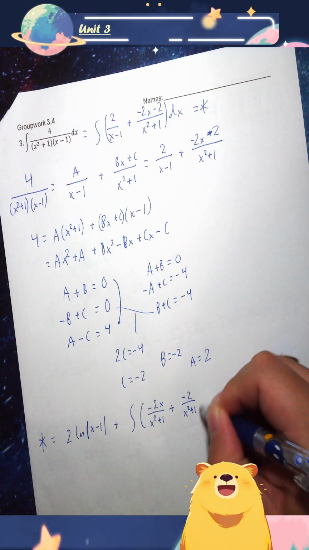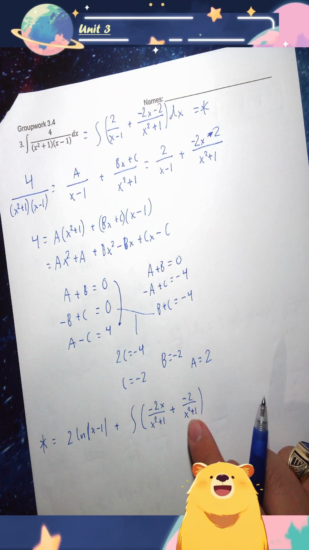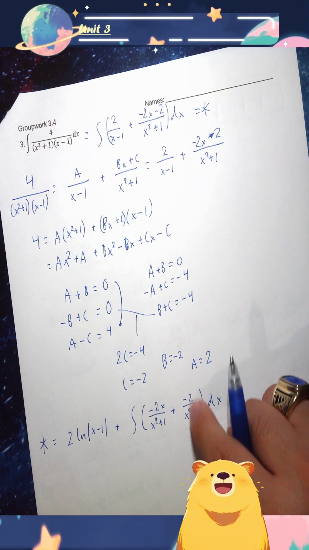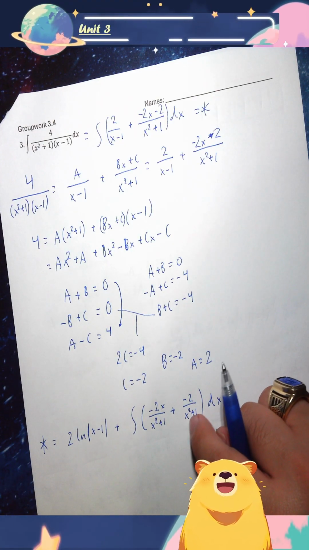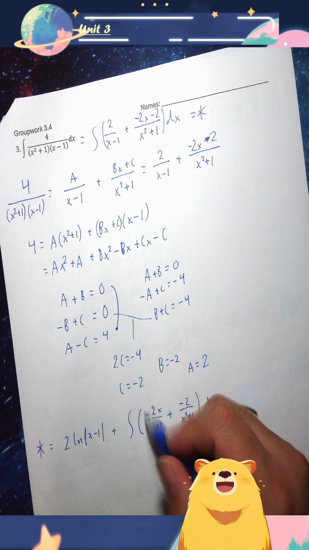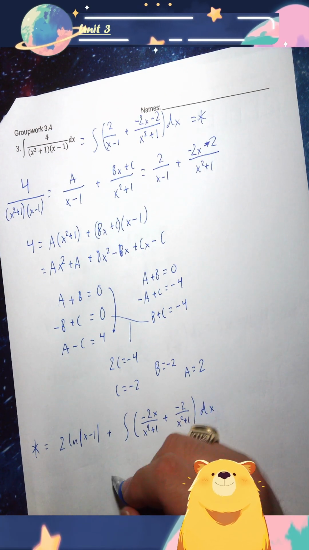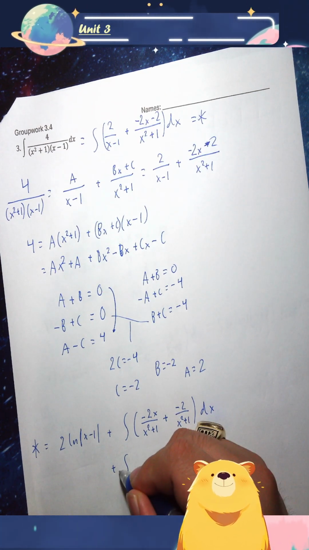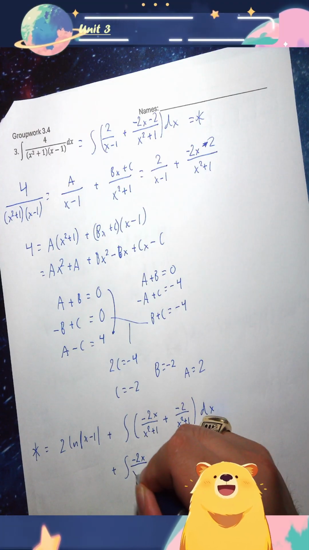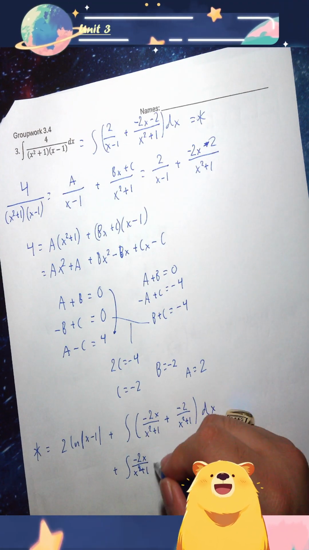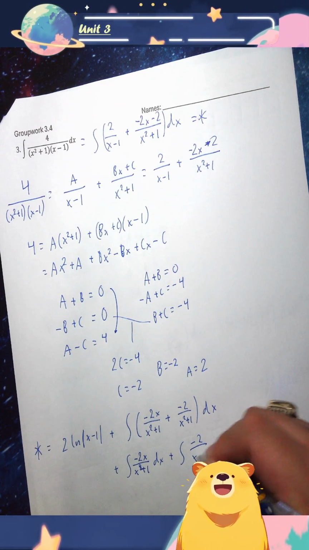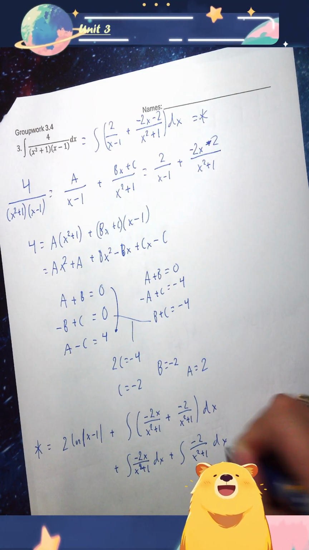And then for this one, I'm going to use the tangent inverse integral because I know I have the pattern of having something dividing over x squared plus 1. So first this guy, let's see, -2x over x squared plus 1 dx, and plus -2 over x squared plus 1 dx.